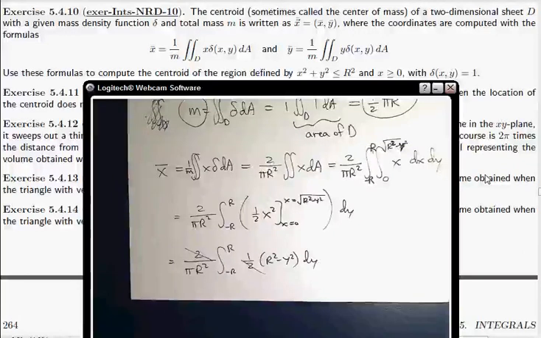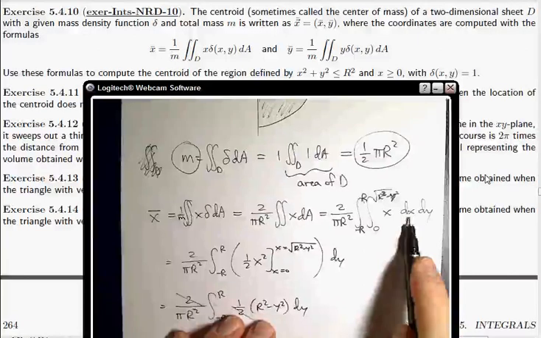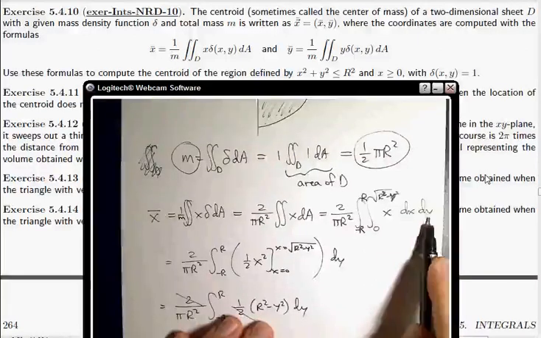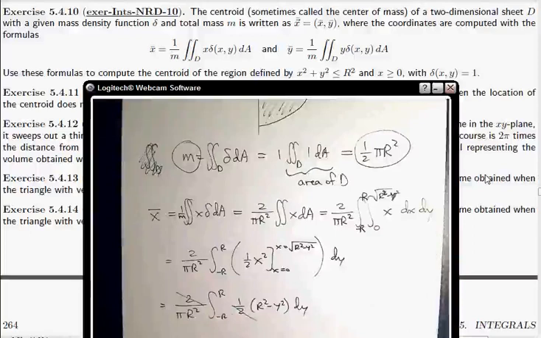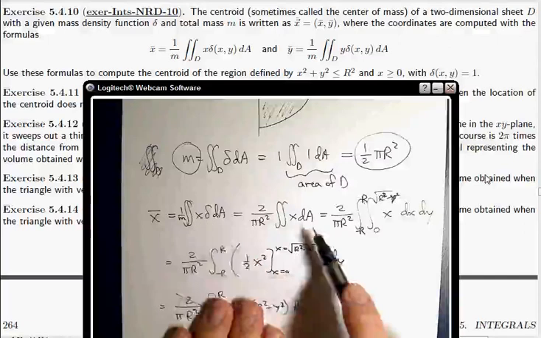Just for the practice of seeing how it works out, I'm going to recommend that everybody try doing this the other way, with the dy on the inside and dx on the outside. It ends up being a different integral, but it's still doable. And then you do the same for y bar. It's just that that's going to be a y there.